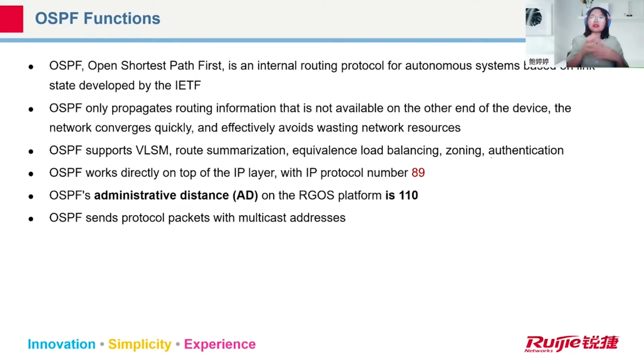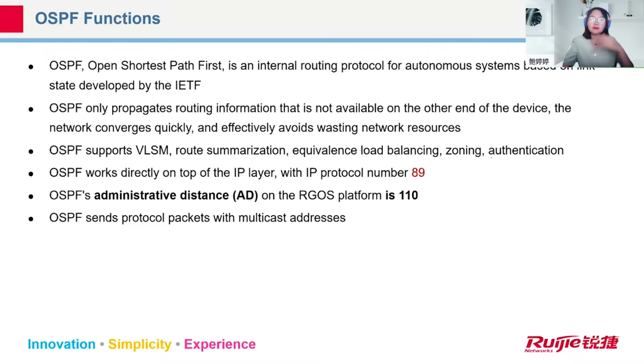Because we directly encapsulate into the IP layer, we use protocol number 89 to indicate the OSPF protocol. And the next feature is that the default administrative distance of OSPF is 110. This is the default value of the RGOS platform. Of course, we can use a command to change the AD value.